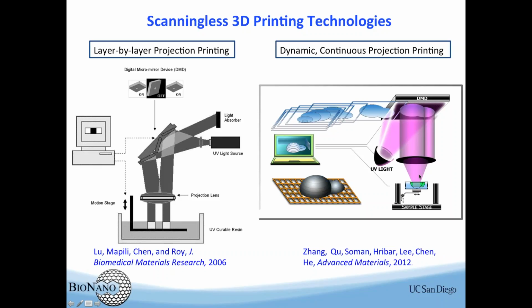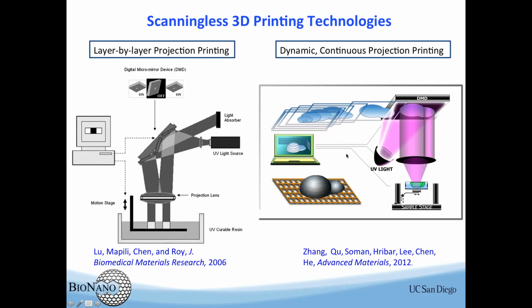Okay, so you can shine the light from the top and polymerize this layer, and then continuously go down by moving the focal plane from the top to the bottom. So in that case, you don't need to wait for the liquid to fill the top surface. In this case, you can do so-called continuous dynamic printing. So that really helps in terms of speed.